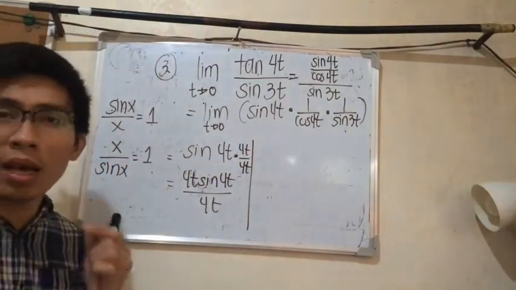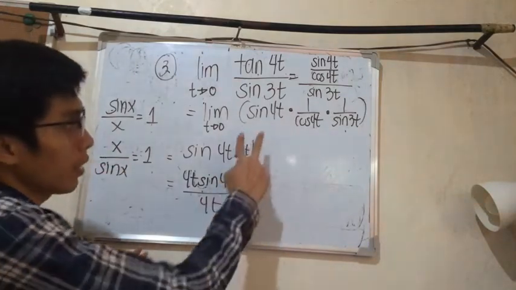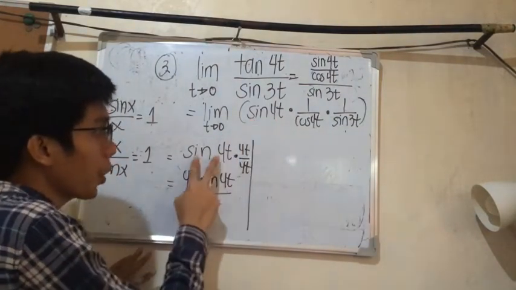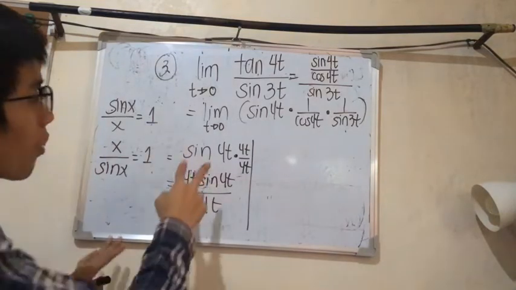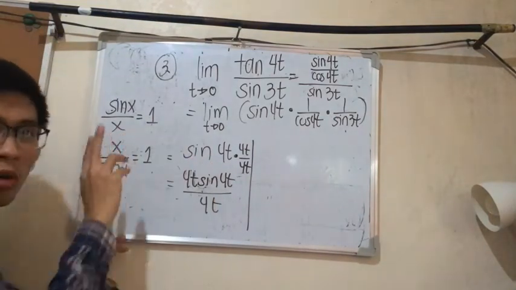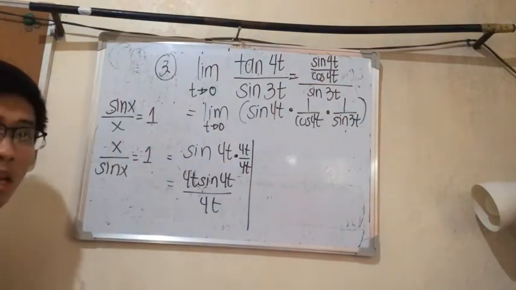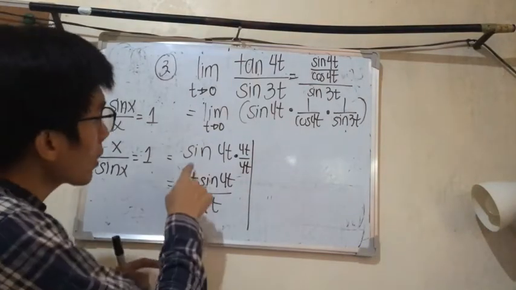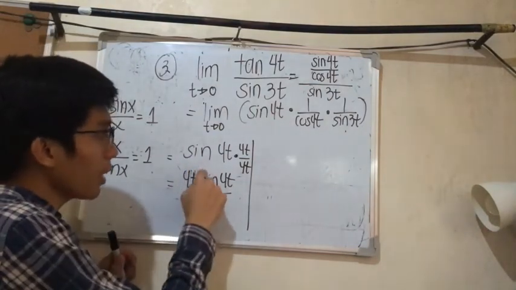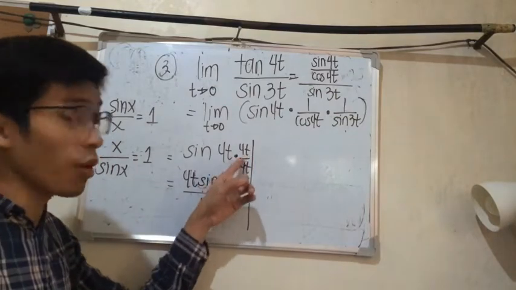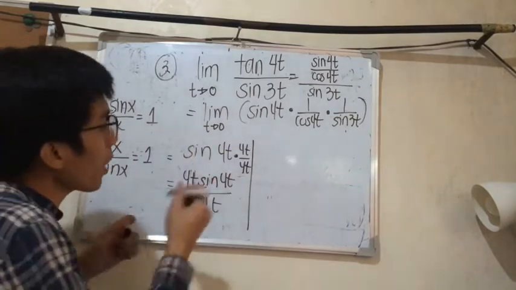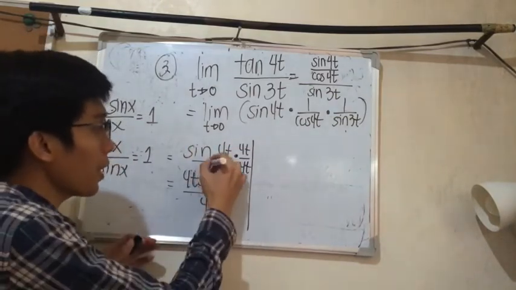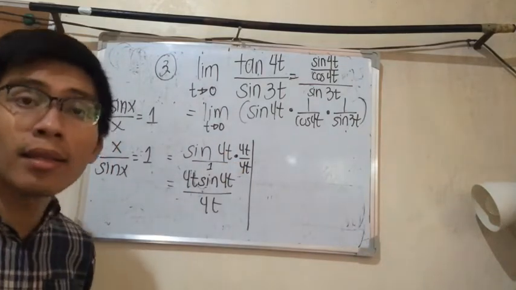Okay, let's solve it one by one, or individually. So let's get this one for sine 4t. How am I going to make sine 4t just like this in order for the limit to equal 1? Since I lack 4t in the denominator, I have to multiply 4t in the numerator and another 4t in the denominator.